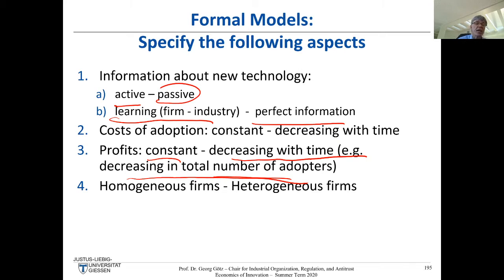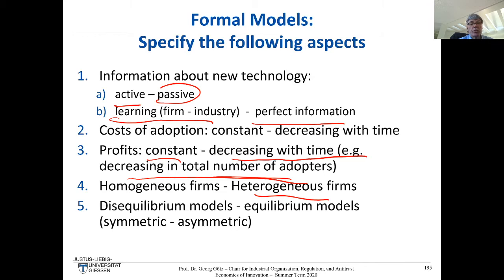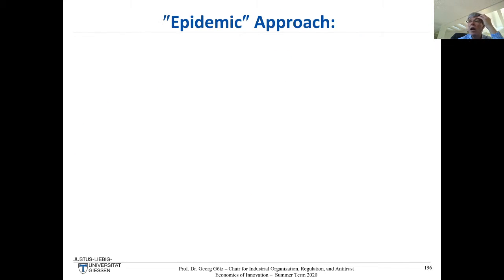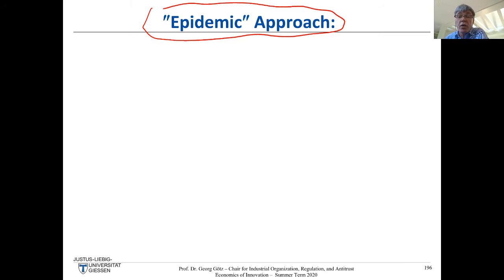Of course, we can have identical homogeneous firms, or heterogeneous firms which might differ in size and so on. I don't go into details with respect to these disequilibrium models. What I now want to do, and we are almost done, but I think it fits rather well into the Corona crisis, is present to you the so-called epidemic approach, which really originates from the study of the evolution of diseases.